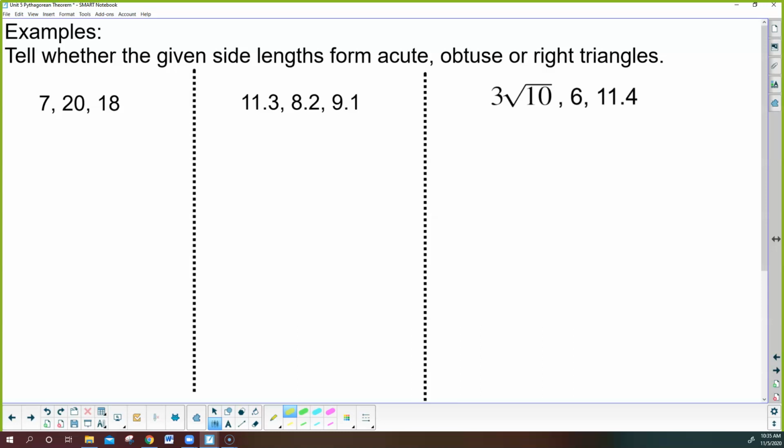All right. So notice the directions. Tell whether the given side lengths form acute, obtuse, or right. Well, that's where we're checking. In this relationship, we want to start with the hypotenuse first. So I'm checking how does c squared relate to a squared plus b squared?